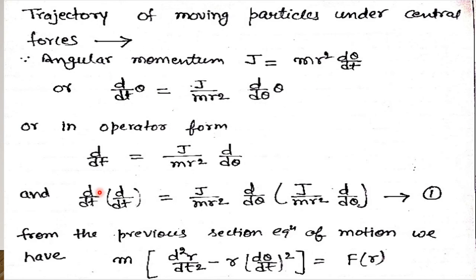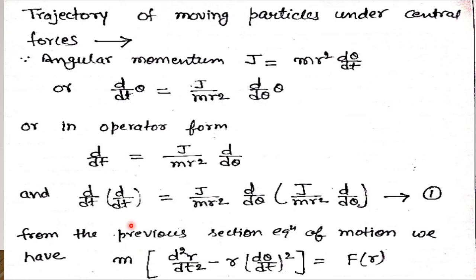And also d²/dt²: d/dt also d/dt, and by putting the value of d/dt on both sides, we have j upon mr² d/dθ, and also this is j upon r² d/dθ. This is the value of d/dt and also this is the value of d/dt.